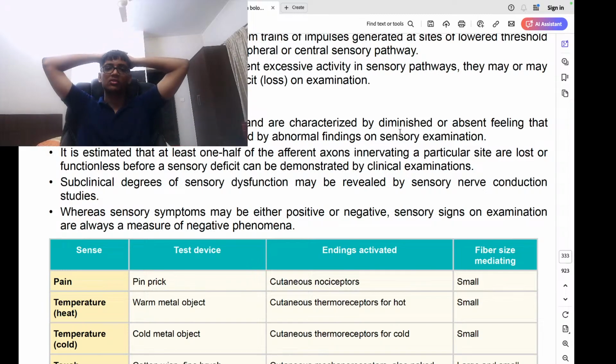Negative symptoms represent loss of sensory function and are characterized by diminished or absent feelings, often experienced as numbness, and by abnormal findings on sensory examination.